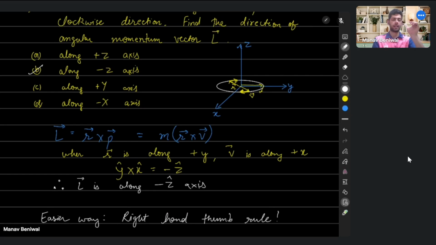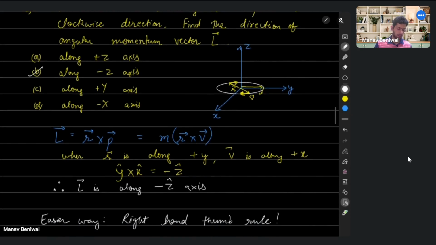If it was moving in anti-clockwise direction, then we will curl our fingers anti-clockwise like this, and our thumb will point up, which is the plus z direction. Okay, so this is the other way of solving this problem, using the thumb rule.